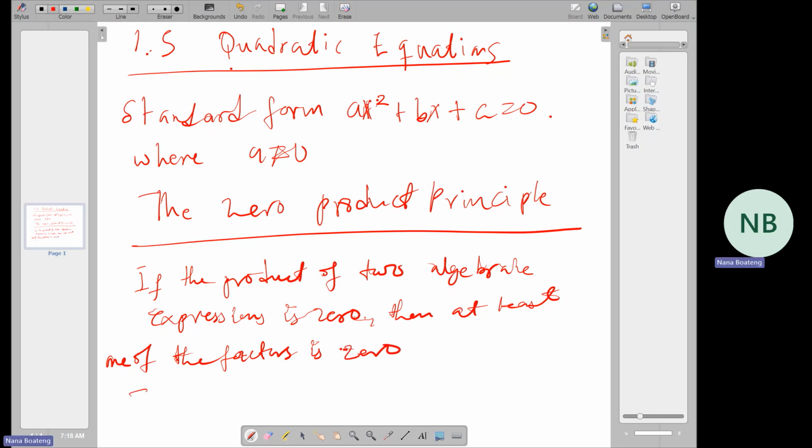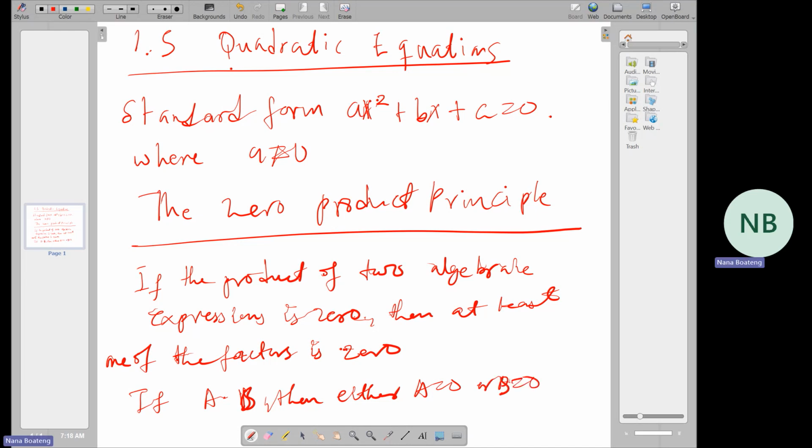So, for example, if A times B are two algebraic expressions, then either A is equal to 0 or B is equal to 0.